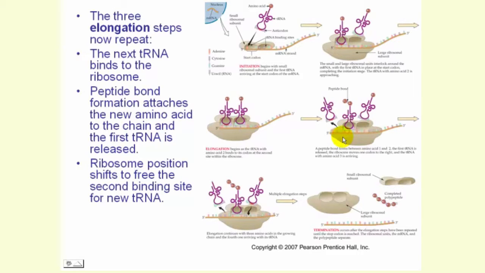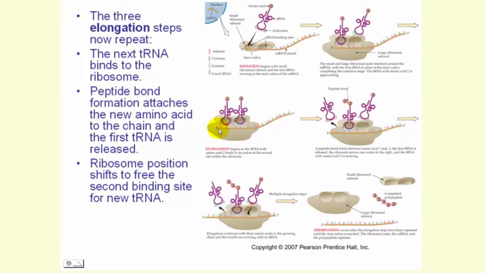Remember, that's going to correspond to a codon along the messenger RNA chain, and this is a process that we'll call translocation. So basically, now we have a second binding site that is opened up, and it's available now to accept the transfer RNA that carries the next amino acid.